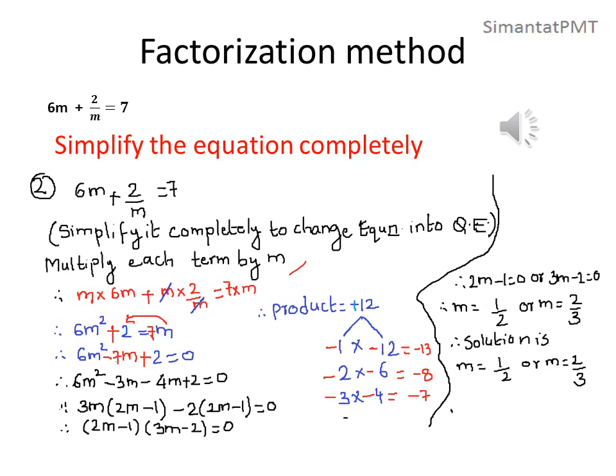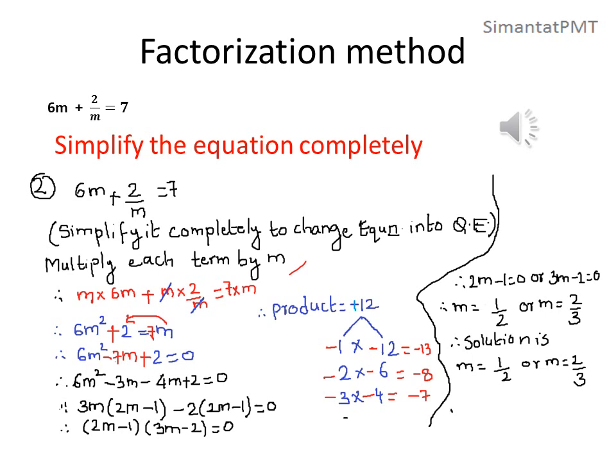Therefore the equation becomes 6m square minus 3m minus 4m plus 2 equal to 0. We take 3m common. Inside the bracket we get 2m minus 1, minus 2 bracket 2m minus 1 equal to 0. 2m minus 1 comes out as common.